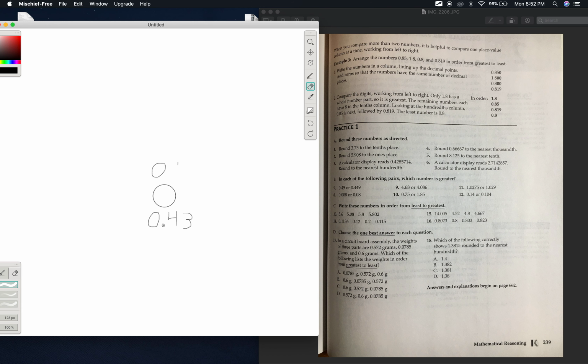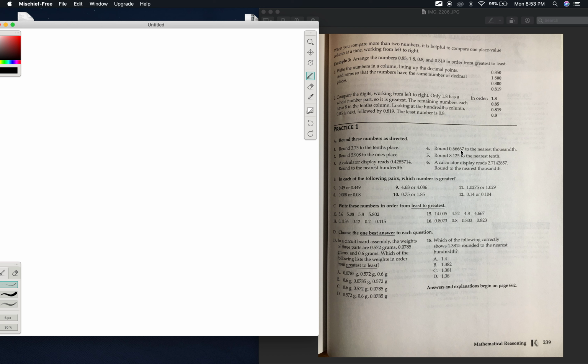Okay, the next one is number 4. Round 0.66667 to the nearest thousandths. Okay, so remember, tenths, hundredths, thousandths. The one to the right of the thousandths place, which is ten-thousandths, is 5 or higher. Actually I should say higher than 4, because anything higher than 4 would have the same effect.